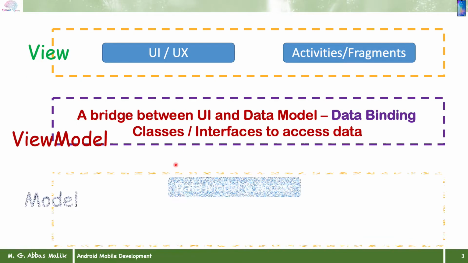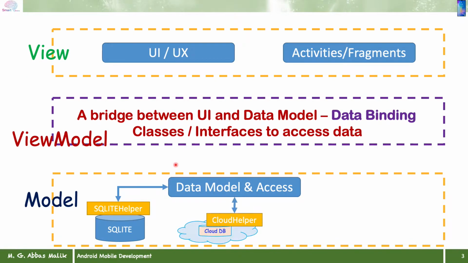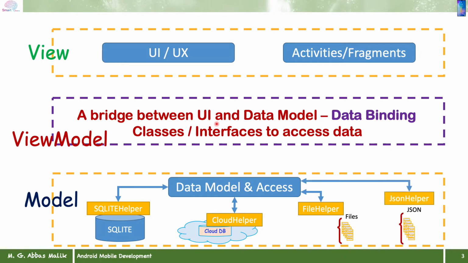So this is the view that we can have here. We have the user interfaces, and then we have the view binding, and the user interface makes a request to the view model, which makes a request to the data model.